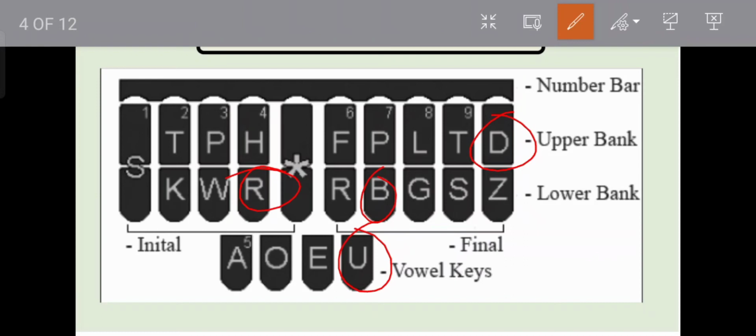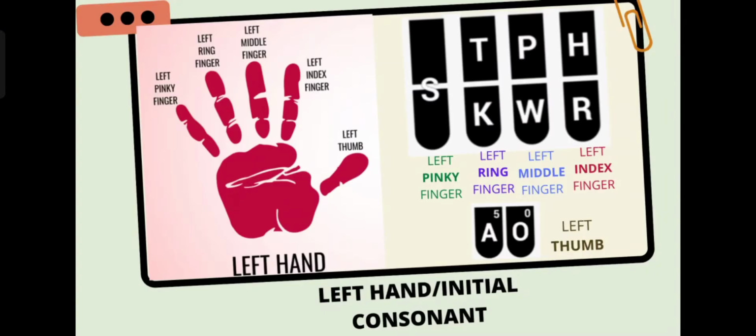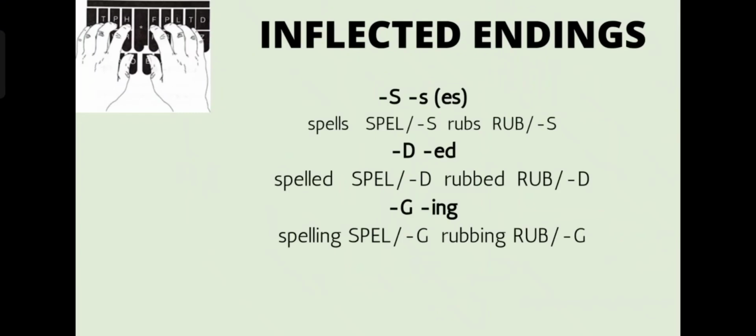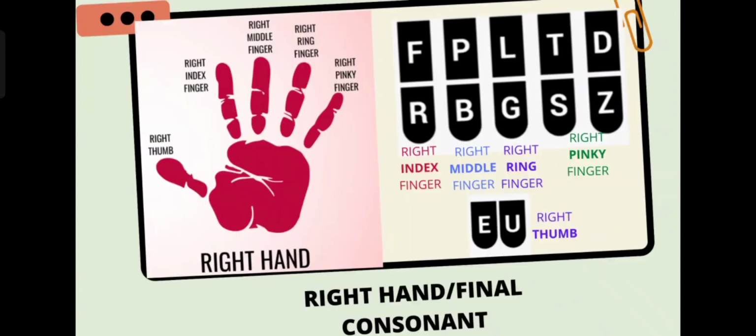And for words which end in ing, like for example spelling, robbing or cutting, the ing there is stroked with just the letter G. So that's it, just G, not ing.